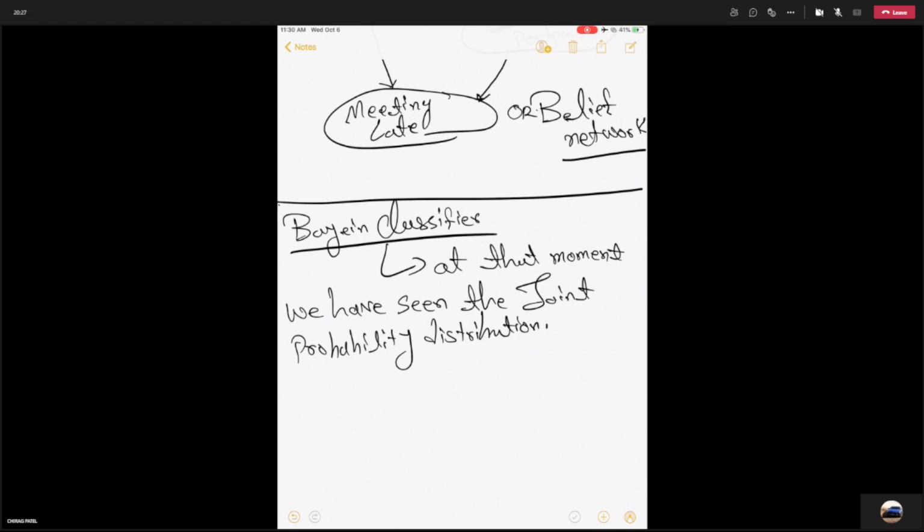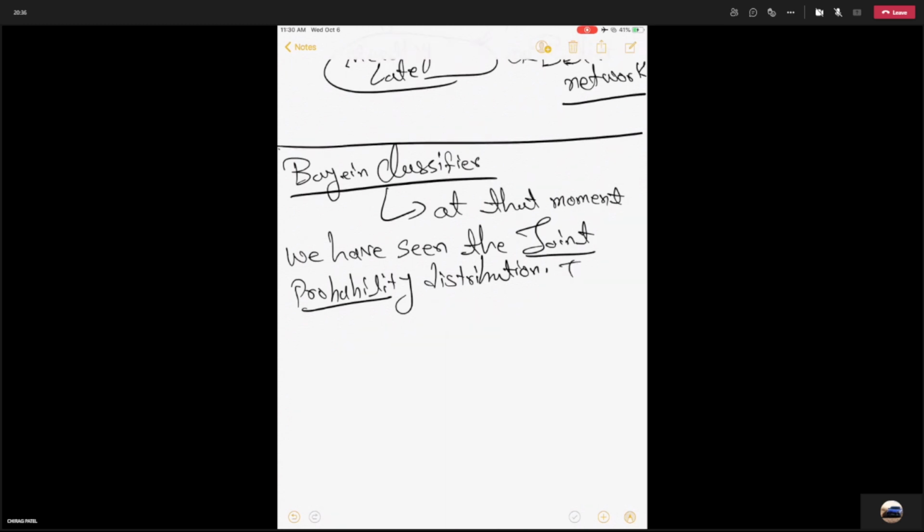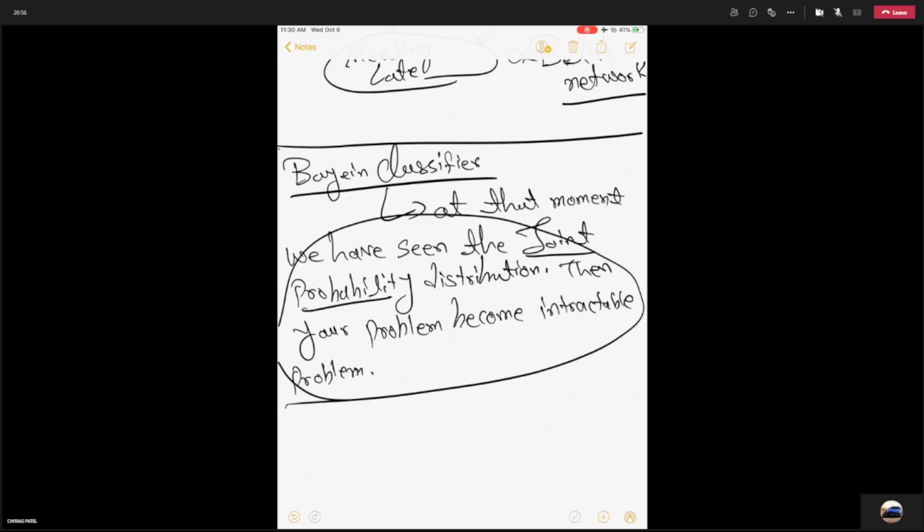Because if you want to calculate the joint probability distribution for all the variables present at that moment of time, then your problem becomes an intractable problem, right? This thing also you need to remember, because we are having many combinations to find out for the joint probability distribution. So for that, we are not solving the joint probability.